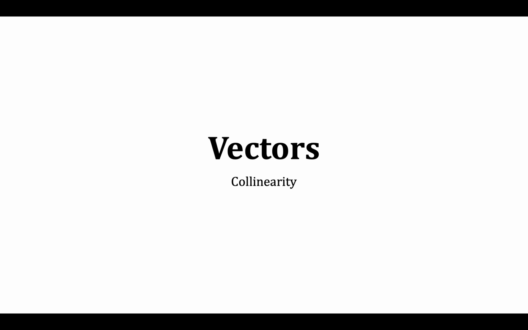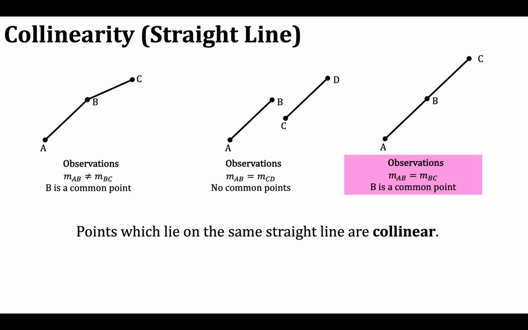In this video, we're going to continue with the topic of vectors, and we're going to look at collinearity today. Now, you may remember looking at collinearity before in the straight line topic, and we met a slide like this in your notes.